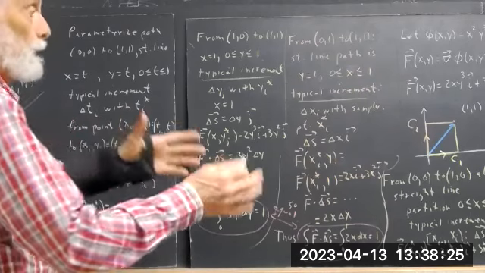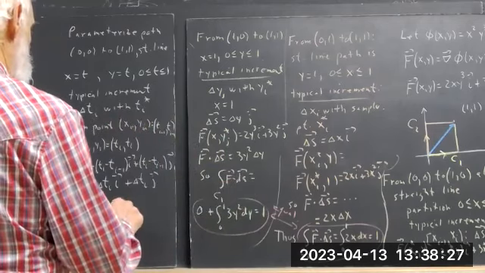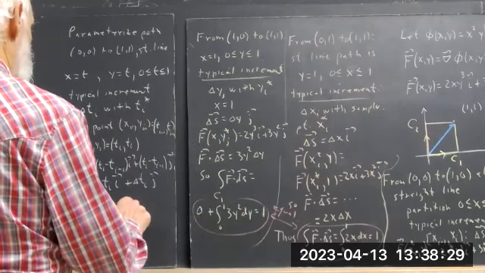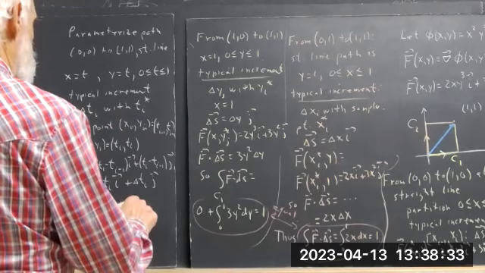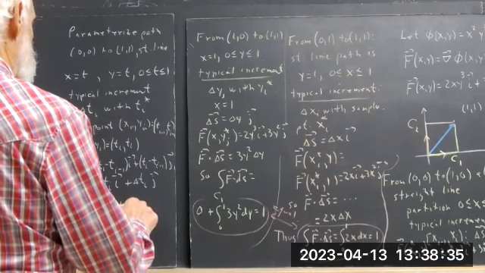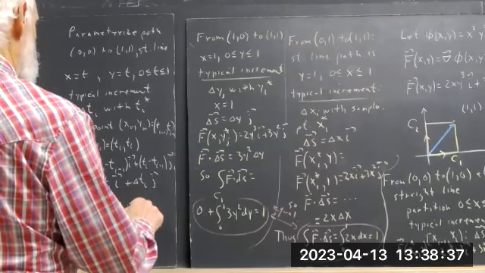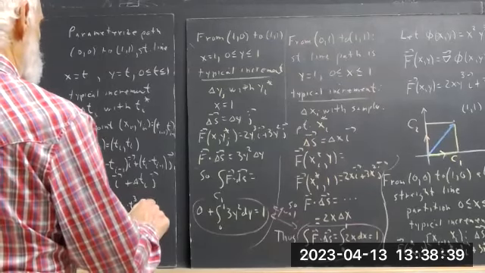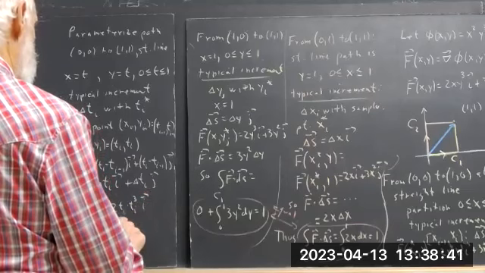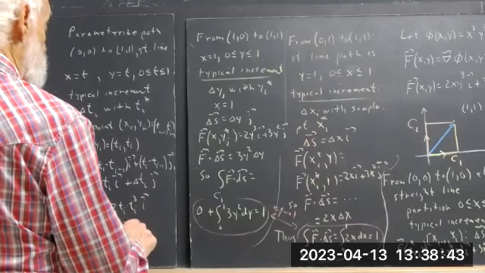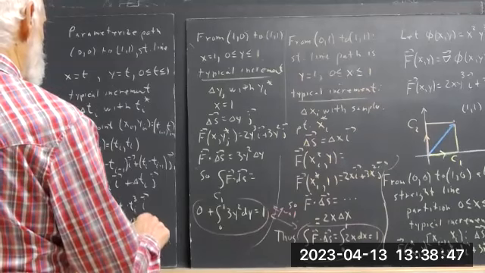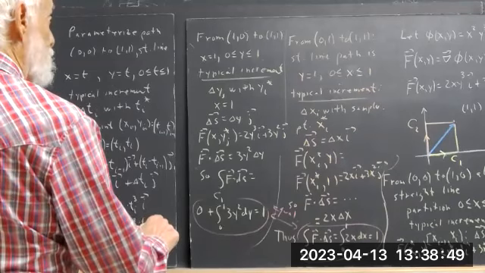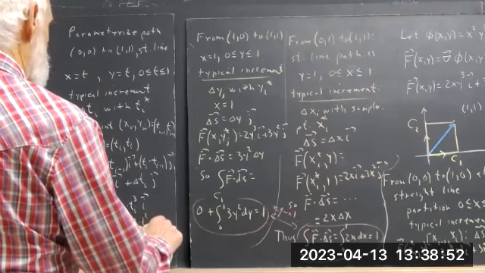Well, F is 2x cubed i, so that's going to be 2 times t_i times t_i cubed times your i vector, plus 3 t_i squared times t_i squared times your j vector.